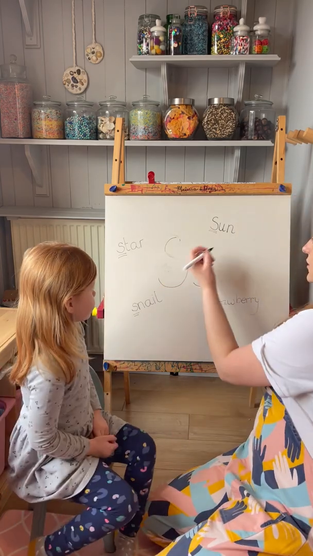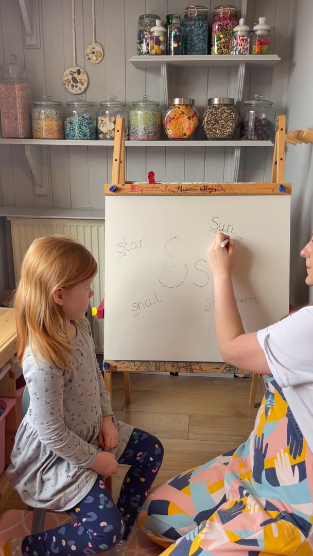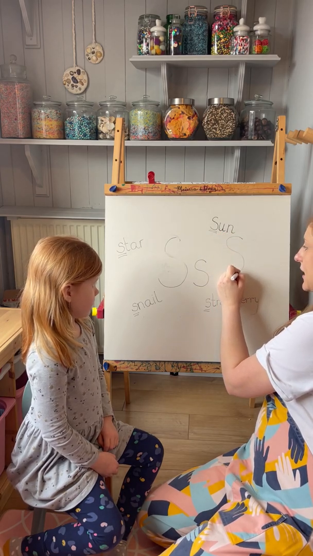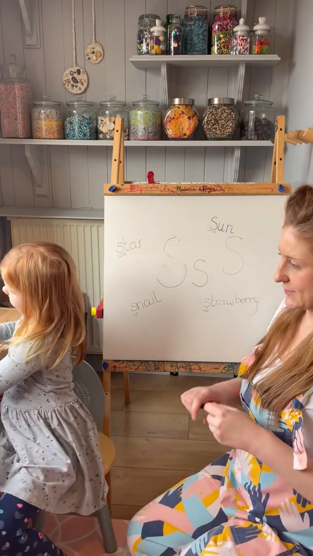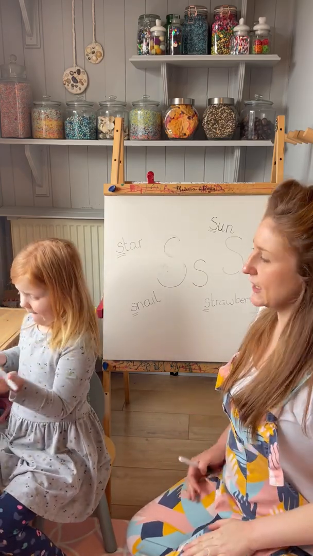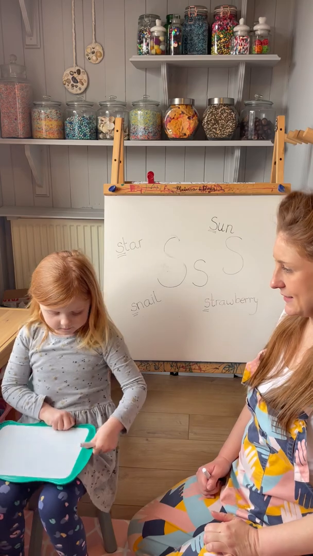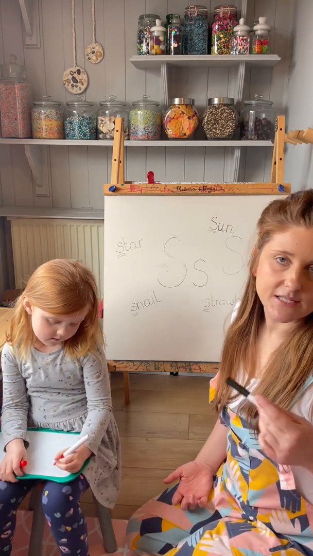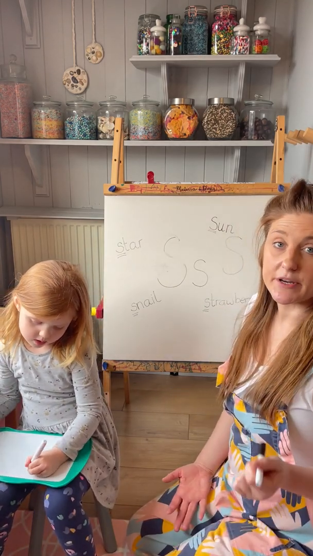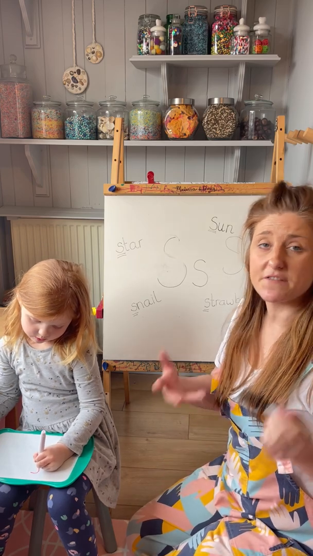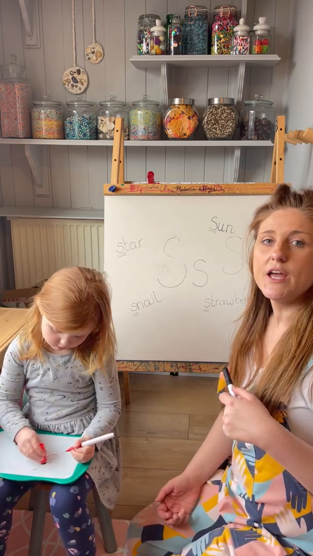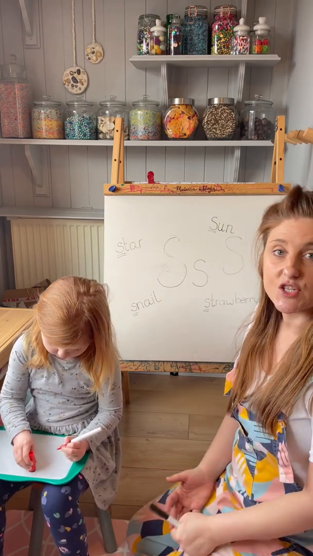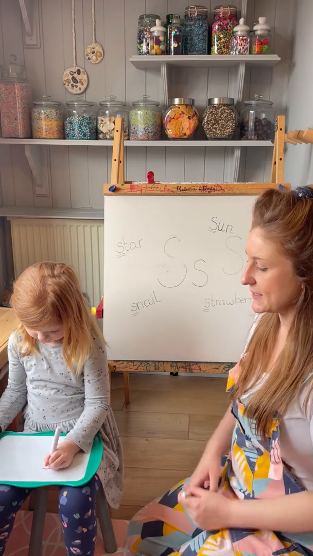So I'm going to show you on the board, Imi. Start at the top, slide down the back and curve back around. Do you think you can have a go at writing it on your whiteboard? Pop it on your lap so everyone can see you do your lovely writing. Very good. And obviously Imi knows how to write the letter S, so hers is going to be a pretty good attempt, whereas when you are first introducing this to little ones, they might need a bit more support to write it, or it might not look as recognisable as you would like it to, but just give lots of praise and encouragement.